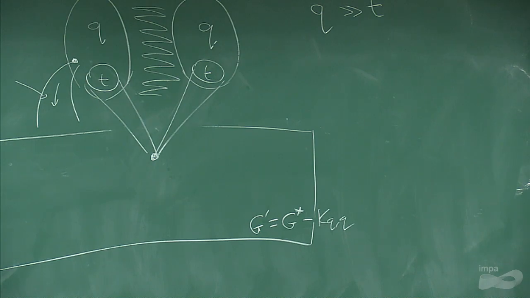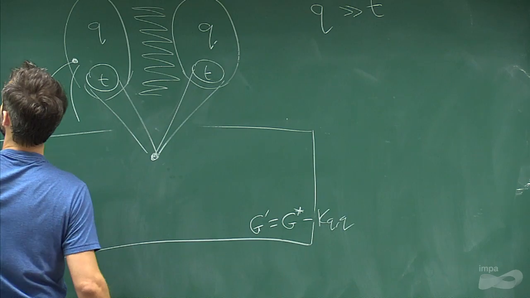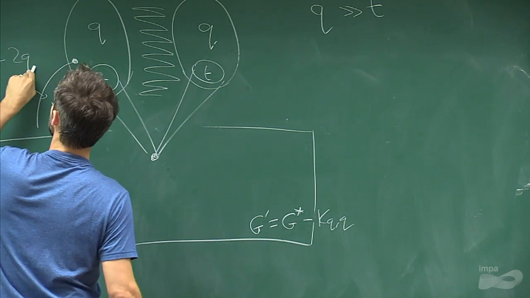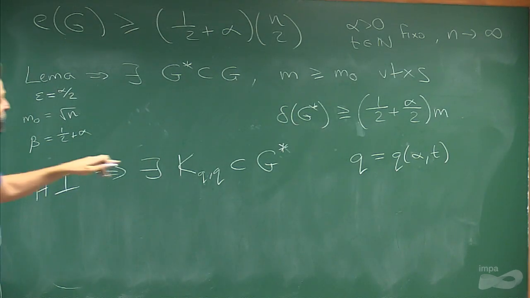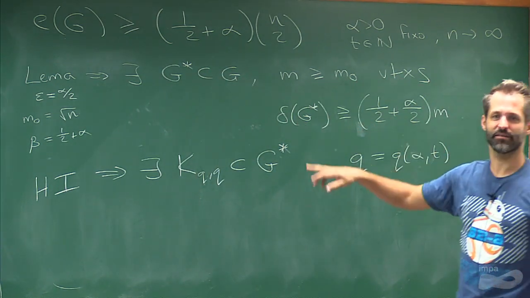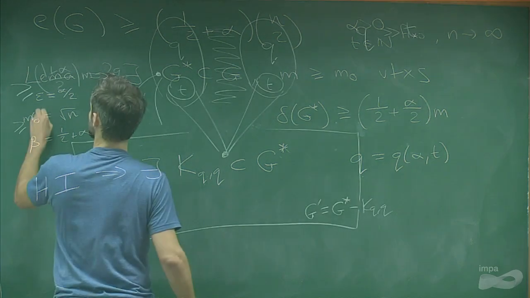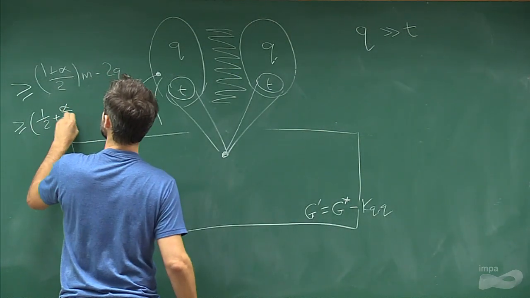Well, at least this many minus 2q. But q is a constant, and m is bigger than root n. So this is at least a half plus alpha over 3 times m.